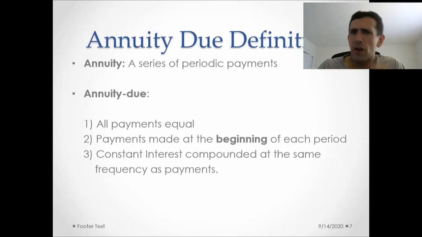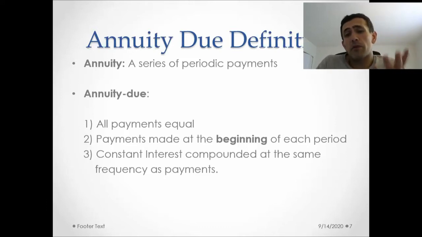But the other type of annuity is an annuity due, and it's the same thing, but payments are made at the beginning of each period. So very typically, this would be like making rent payments to your landlord.